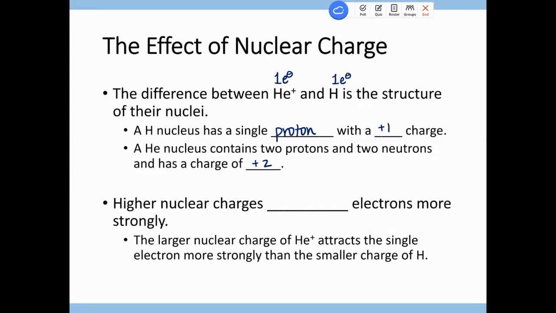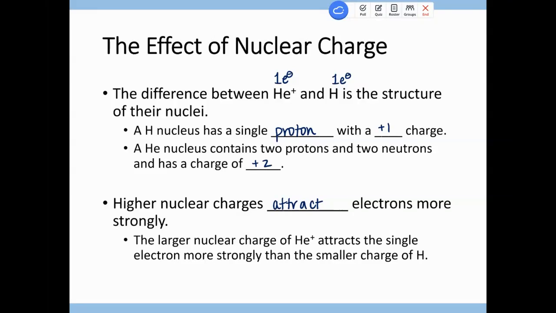So both of these atoms, helium with a +1 charge, because it lost an electron, and hydrogen, neutral hydrogen, have 1 electron, but helium has 2 protons. That means that the electron in helium with the +1 charge is held closer to the nucleus. So helium is a smaller atom. The higher nuclear charge attracts the electrons more strongly.